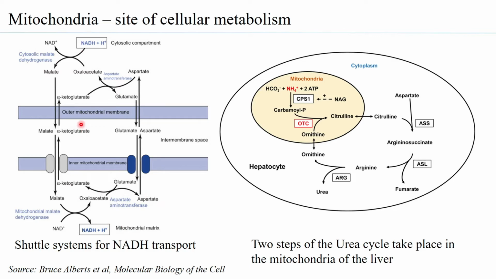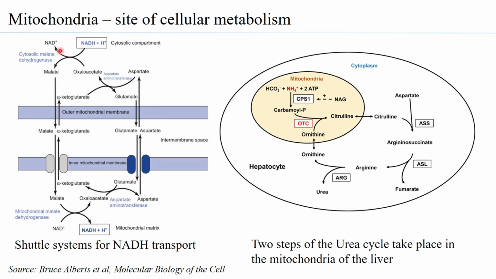So, effectively, NADH from the cytosol should come into the mitochondrial matrix. But it cannot come in directly because the inner membrane is impermeable. So, there are several shuttles that enable the NADH to enter.